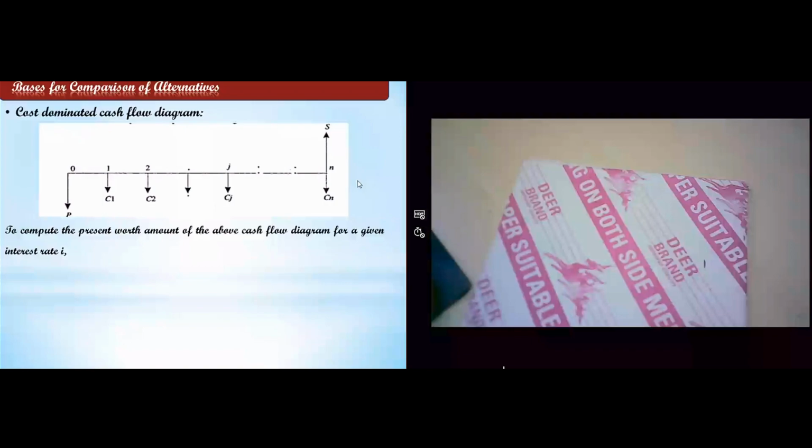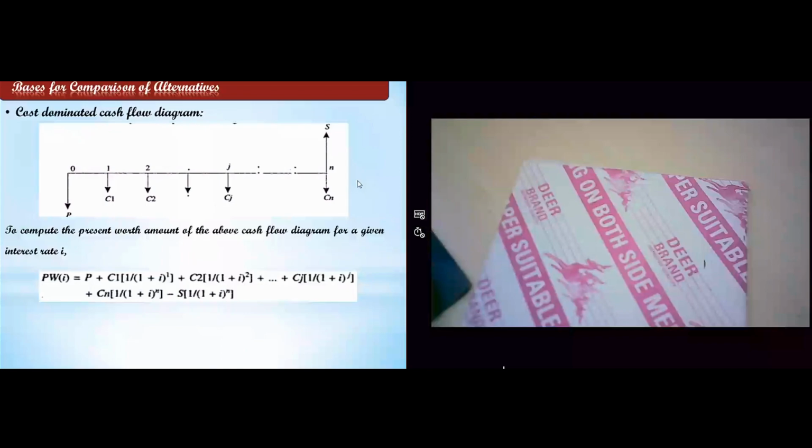On the basis of present worth for a given interest rate i, we will calculate the present worth using this equation.